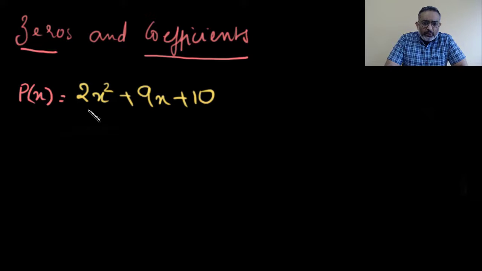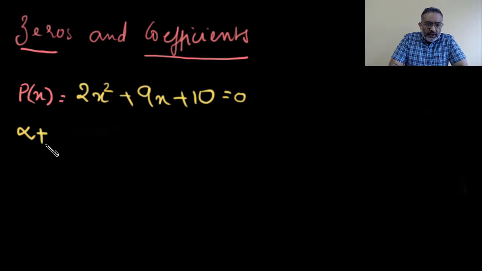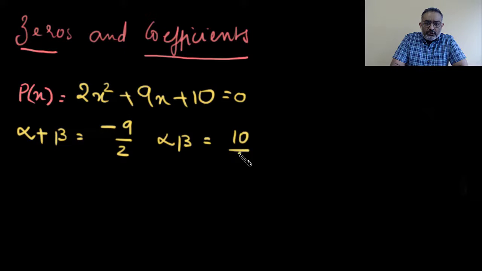The example equation that we want to try this theory with is 2x squared plus 9x plus 10 equal to 0. According to our theory, alpha plus beta is equal to negative b by a, which is negative 9 by 2, and alpha beta is 10 by 2, which is 5.